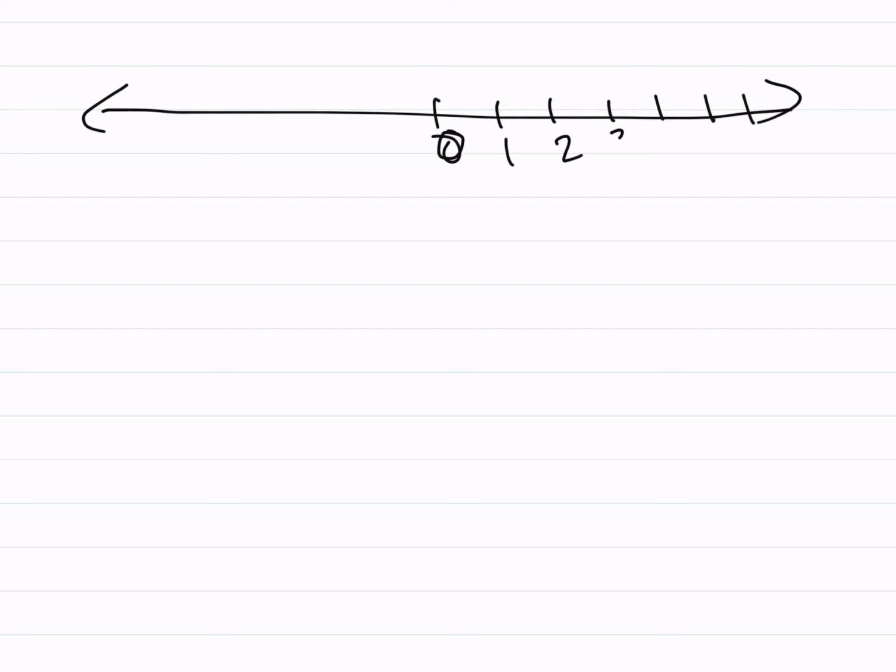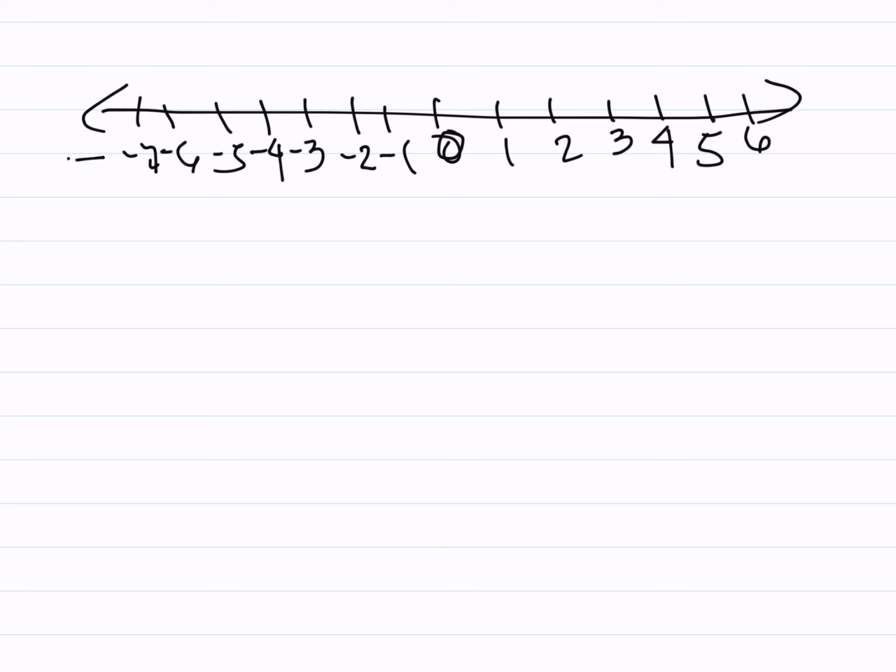Again, let's say this is our number line. This is our 0. So 0 is our reference or the origin. Then these are the counting numbers from the right: 1, 2, 3, 4, 5, 6, and so on. And their opposites, which are the numbers here on the left side, are negative 3, negative 4, negative 5, negative 6, negative 7, and so on.